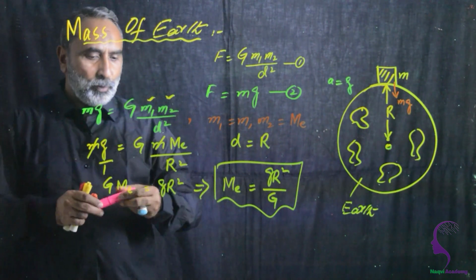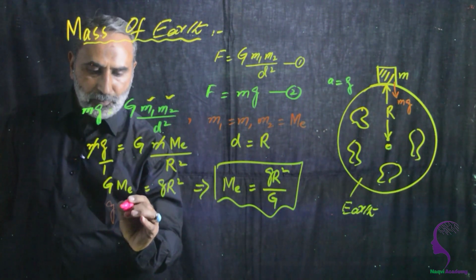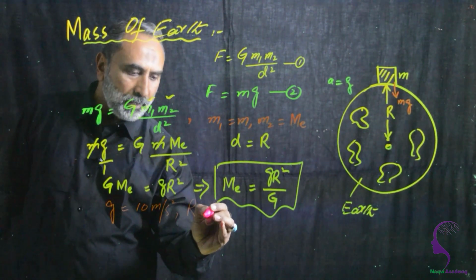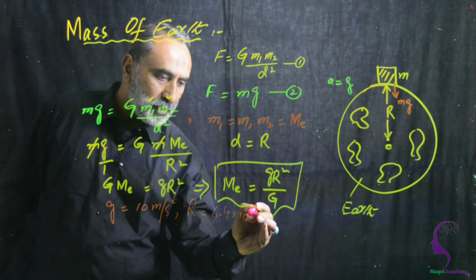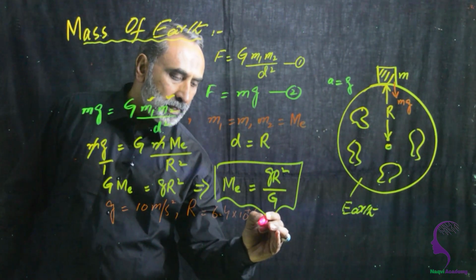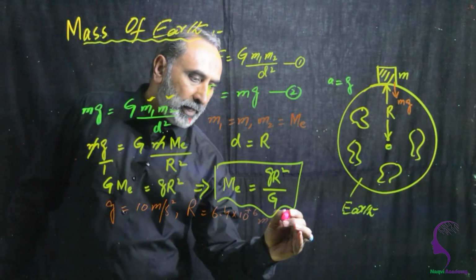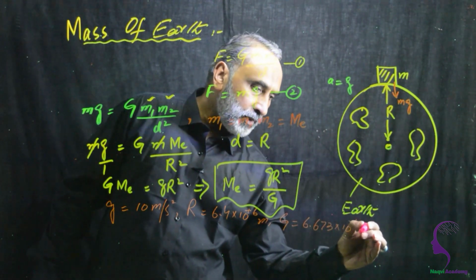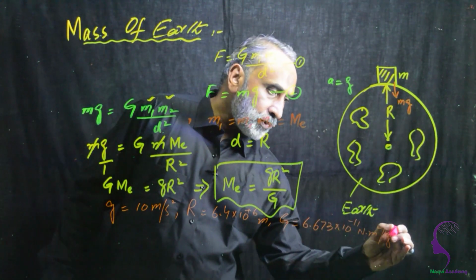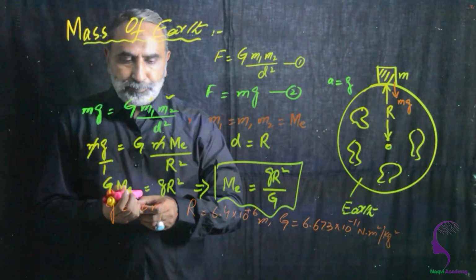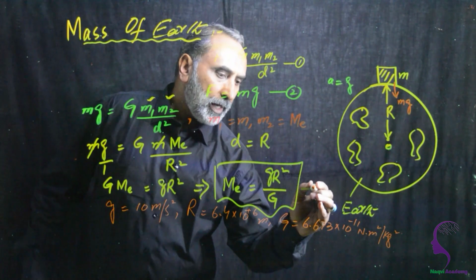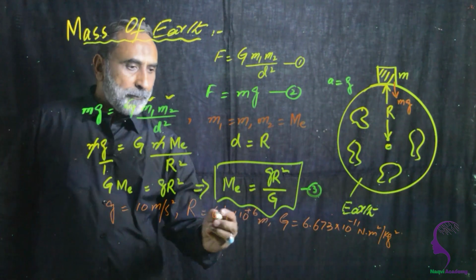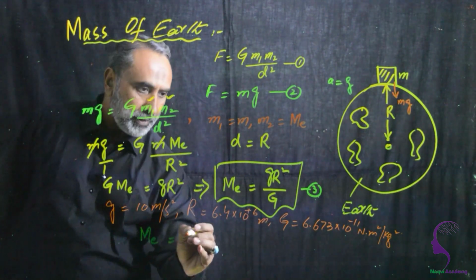I hope everybody knows the values. g is 10 meter per second square, radius of Earth is 6.4 times 10 power plus 6 meter, and capital G is 6.673 times 10 power minus 11 Newton meter square per kg square. When you substitute all these values in the above equation number 3, the mass of the Earth can be calculated.